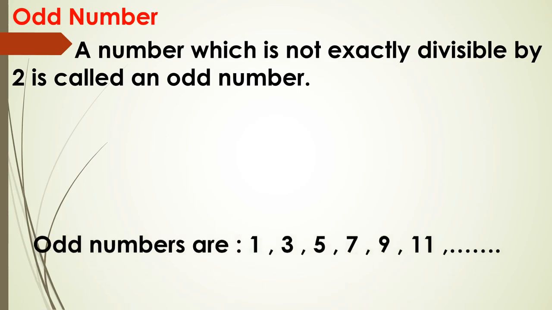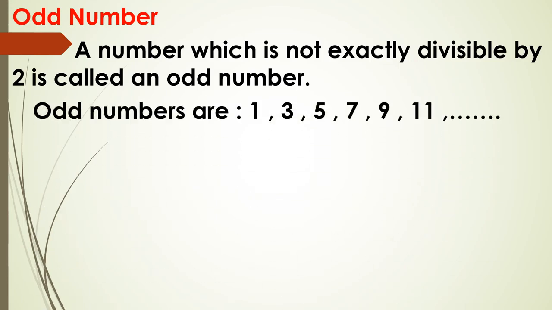See some examples of odd numbers: 1, 3, 5, 7, 9, 11 and so on. As the even numbers are infinitely many, in the same way odd numbers are also infinite. They are many. We can't count odd numbers either.